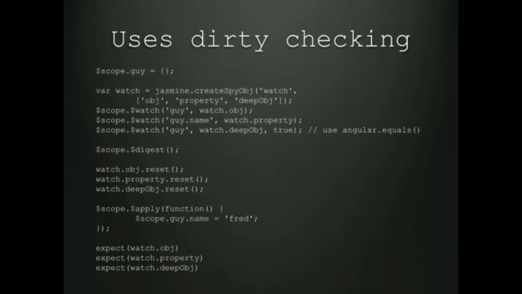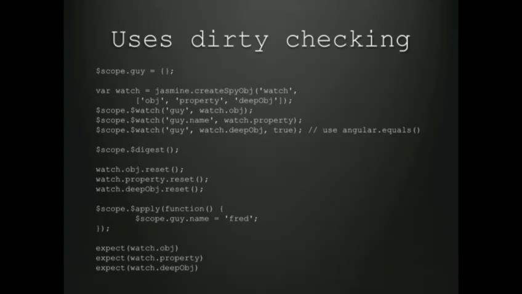watches are being evaluated. So we have here an object called guy. I'm putting it on my scope. Then I'm going to create some spy objects so I can see what's being called and what's firing as I'm doing this. I'm going to attach a watch to the expression just guy, himself, and give it a callback. Attach a watch to guy.name, which is a property on guy, and give it a callback.